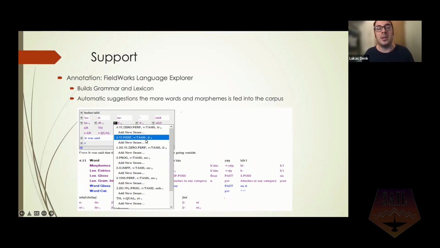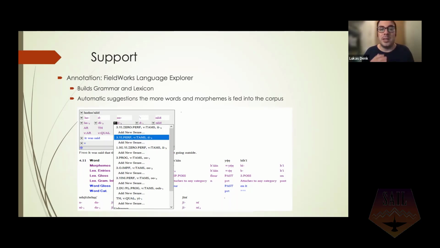It could be a perfective morpheme or an imperfective morpheme, and so I can choose the right thing. By feeding the data into this program, it also creates a lexicon and a grammar, and that's good, because I'm only left with words that I haven't glossed.